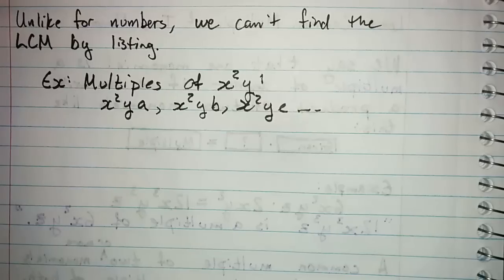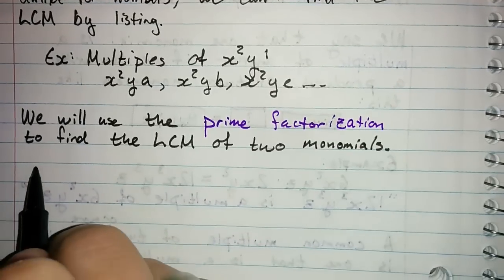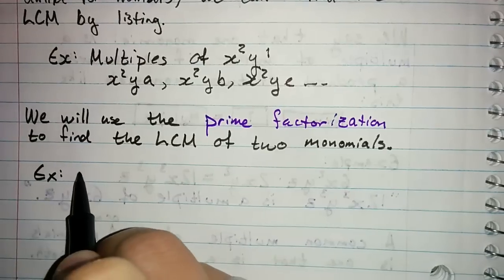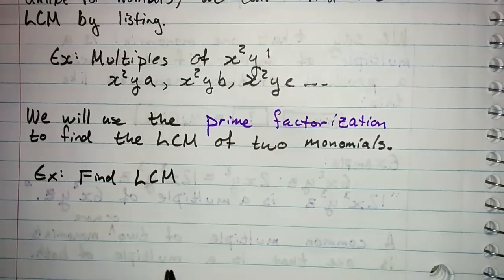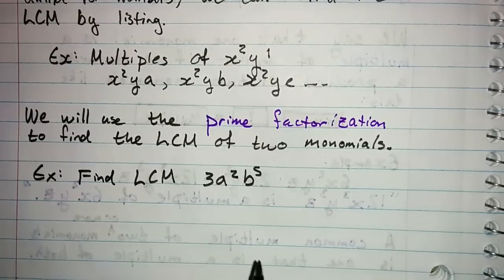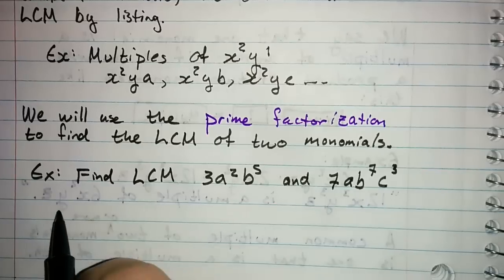We have to use the same method that we do when we're finding the least common multiple of numbers, using the prime factorization. And this is actually way easier than it is for numbers because monomials are basically already factored right out of the box. So if, for example, we want to find the least common multiple of the monomials 3a squared b to the 5th and 7a b to the 7th c cubed, well, what would we do?